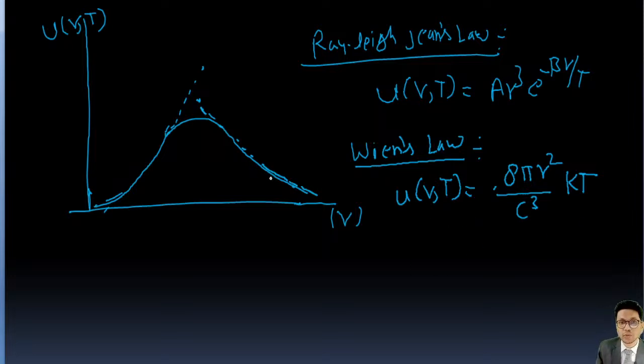Okay. So Rayleigh's law is valid only at lower frequency, and Wien's law is valid only at higher frequency, right? But the complete black body spectrum was not explained. Okay, right. So now we are going to Planck's law, right?